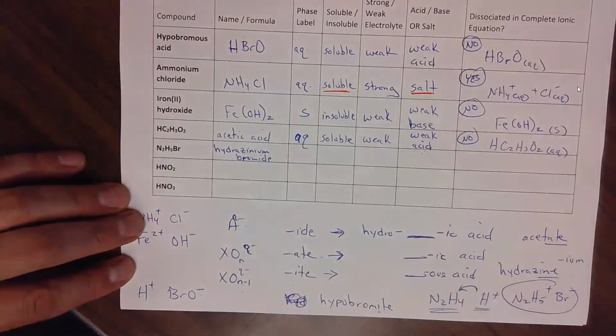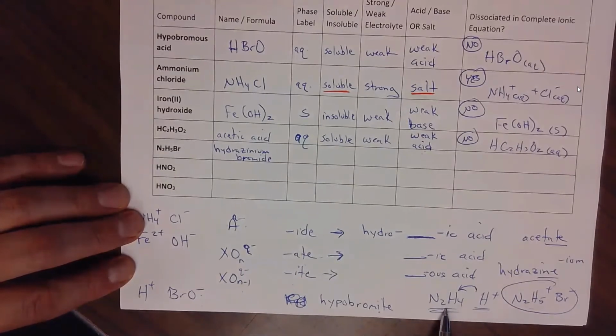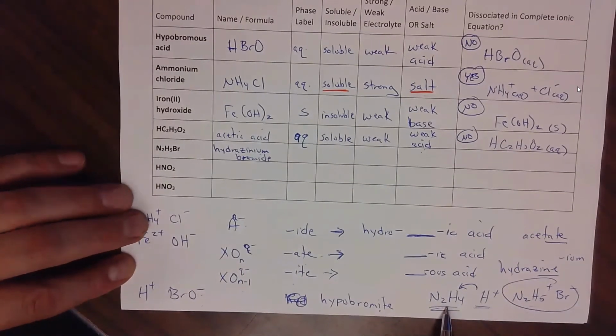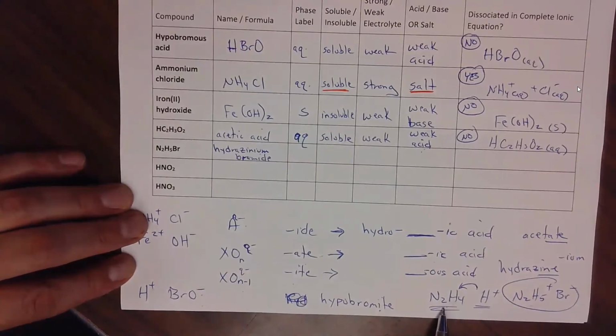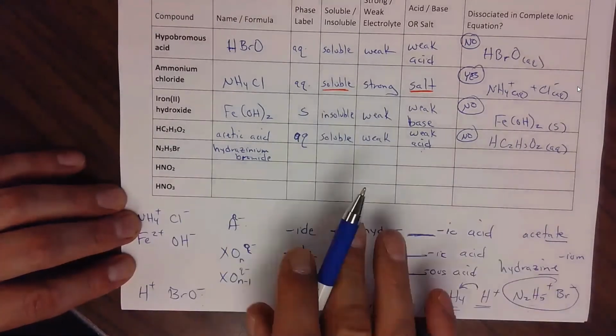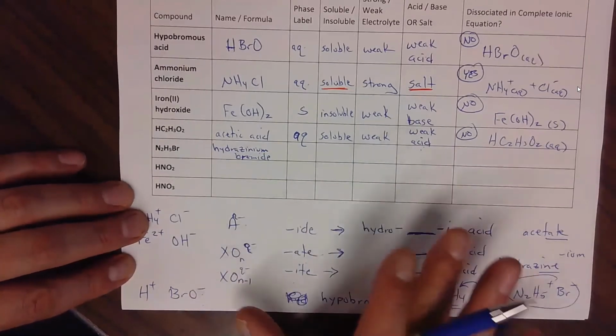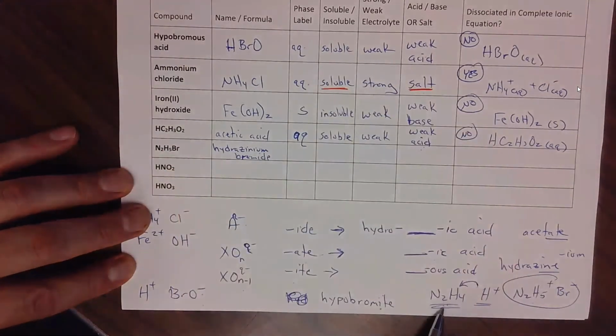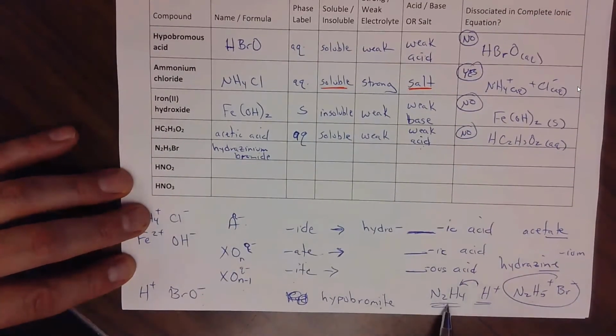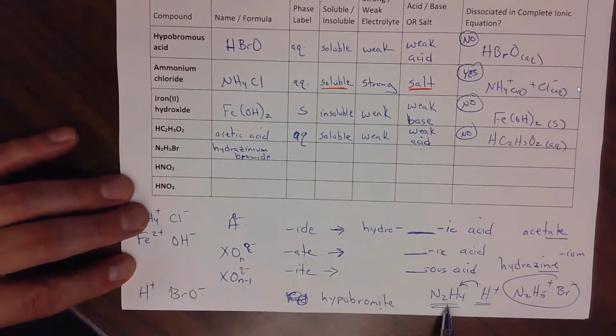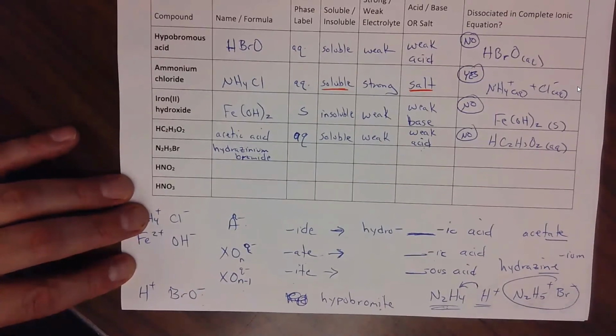It became an acid or became a base, so it wouldn't be named as an acid or a base. For example, this hydrazine is actually a molecular compound, and we would call that a base. But it's a molecular compound, so it gets really complicated in this table, which is why we're not going to worry about that kind of stuff. Molecular compounds are not strong electrolytes, so we would never show them as being dissociated. That's what you need to know.